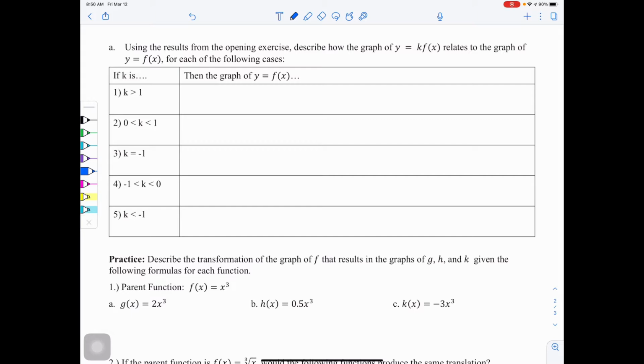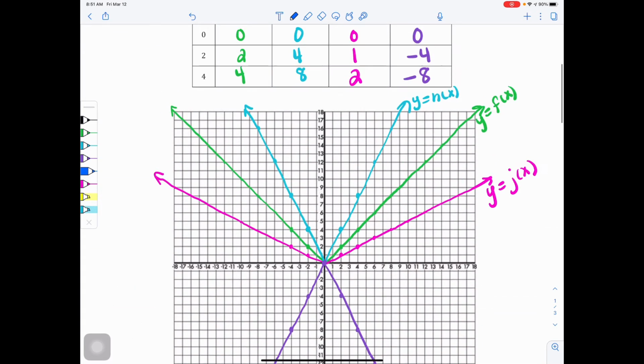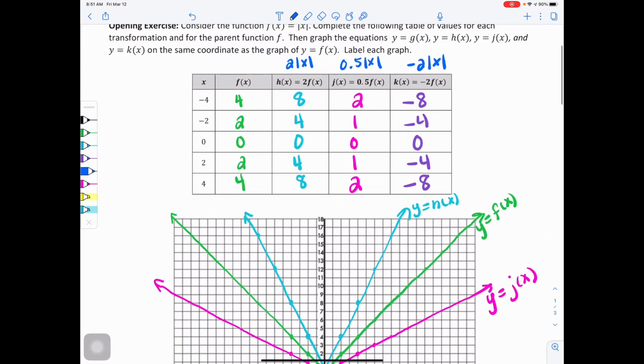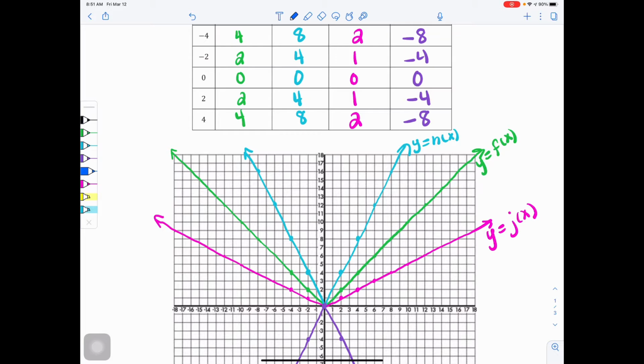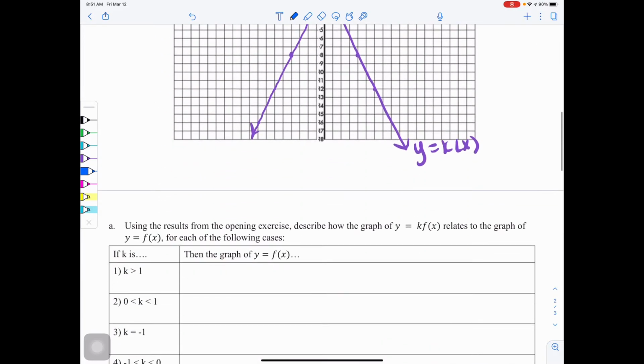So in situation 1, if k is greater than 1, so if we go back and look at our picture, k is greater than 1 is looking at h of x. H of x we multiplied by a 2 on the outside. That's the graph that's teal. So compared to the green graph, which is my parent function, you can see it became skinnier, which means we vertically stretched it. And you can also remember that from previous lessons.